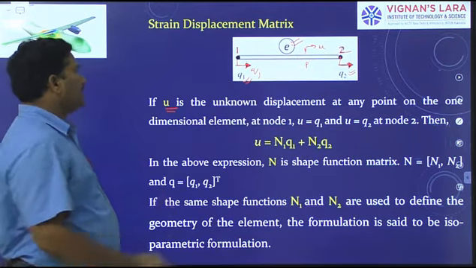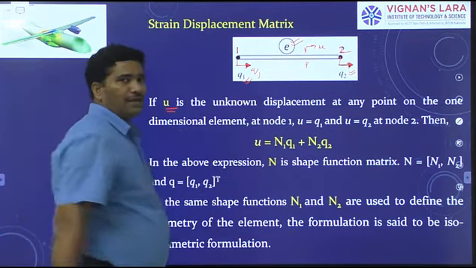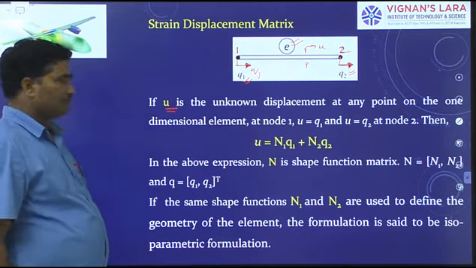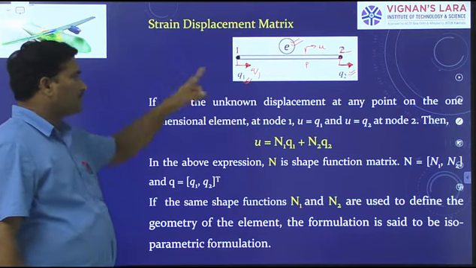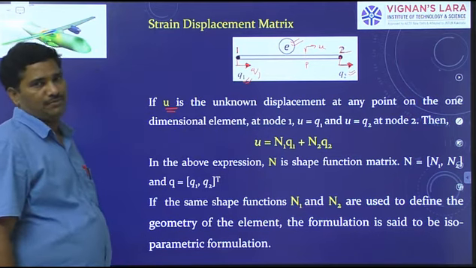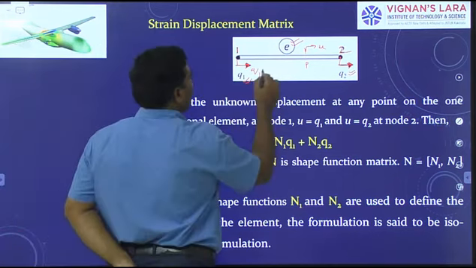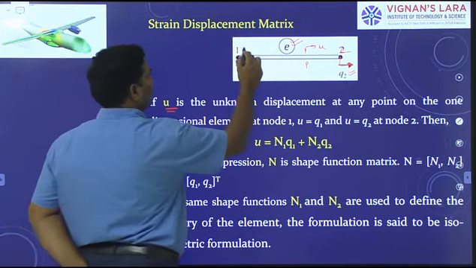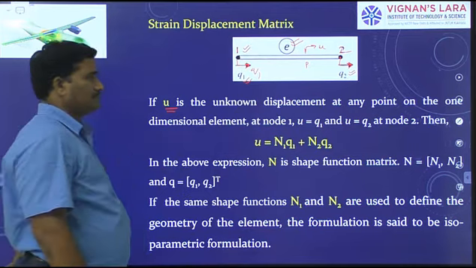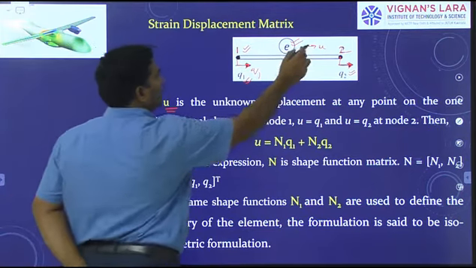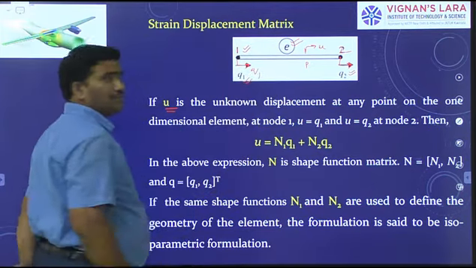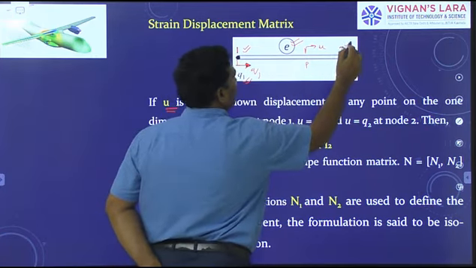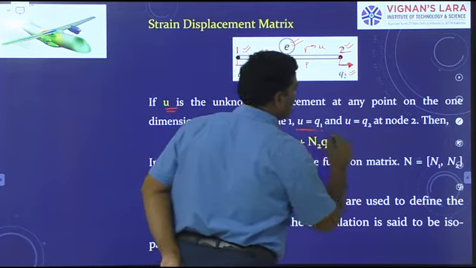If u is the unknown displacement at any point on the one-dimensional element, u equals q1 at node 1, and u equals q2 at node 2. That is what I have written here.